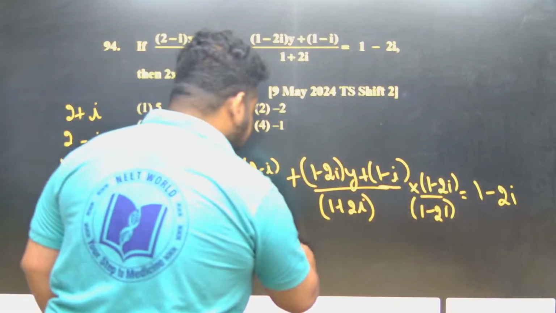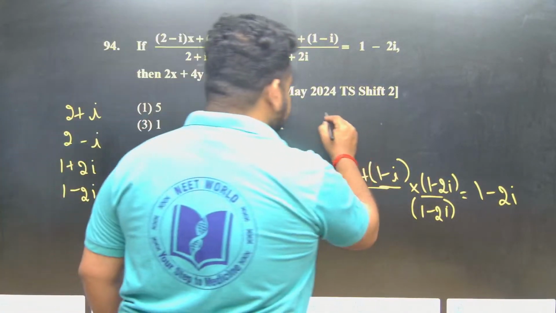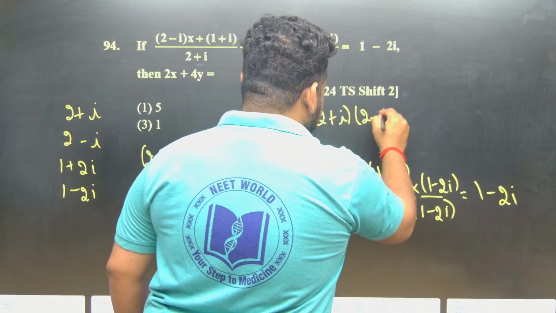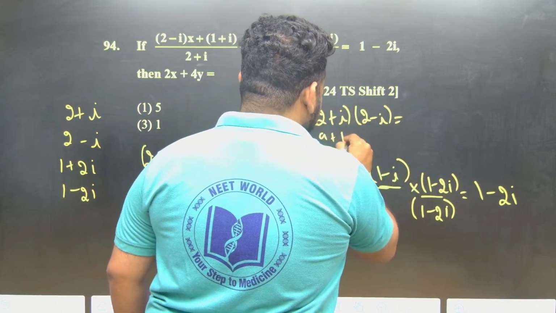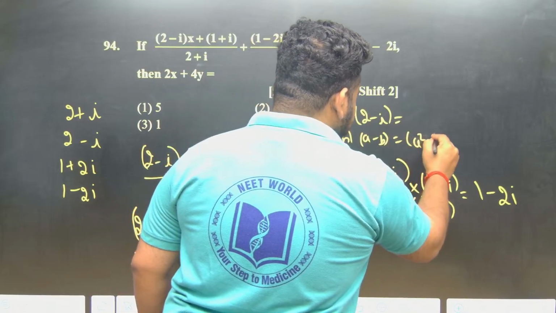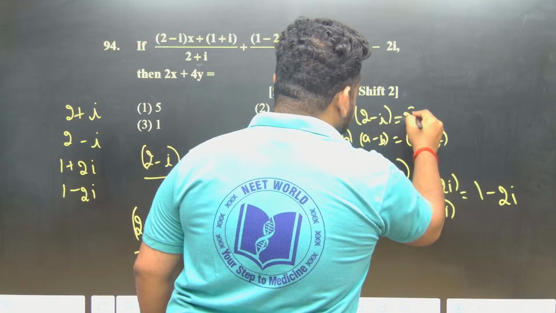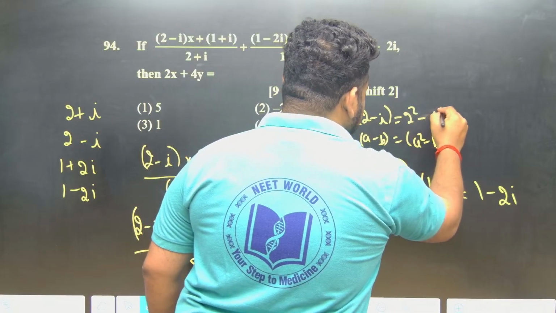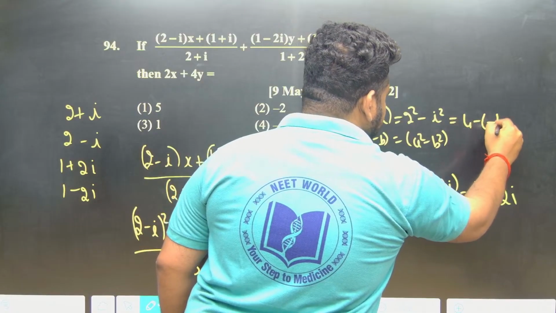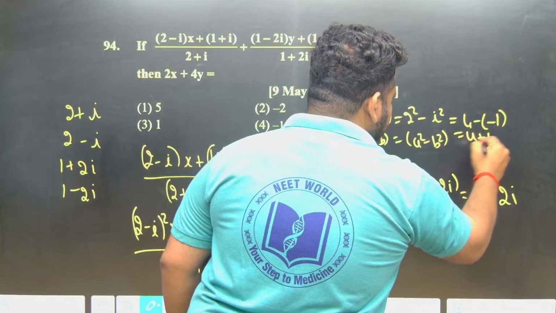Now this one, see here. Let me write it here. (2 + i)(2 - i) is nothing but (a + b)(a - b), that is a square minus b square. Here it is 2 square minus i square. We know the value of i square is minus 1. 2 square is 4, minus of minus 1, so this will become 4 plus 1, that is 5.